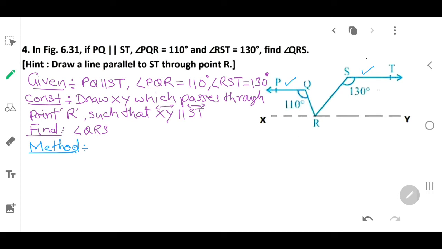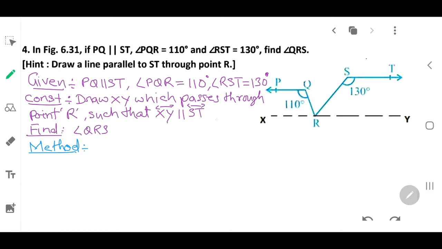Then PQR is 110 degree, RST is 130 degree. So these are the values of PQR and RST, that is already given to you. Now they are asking to find QRS. This value you have to find out, QRS. Okay.